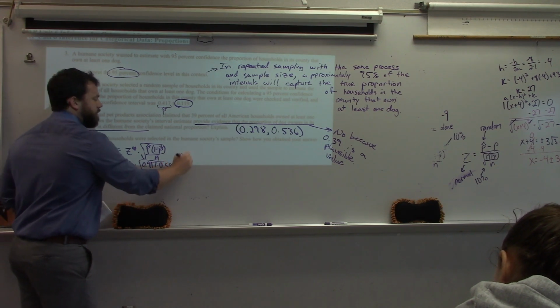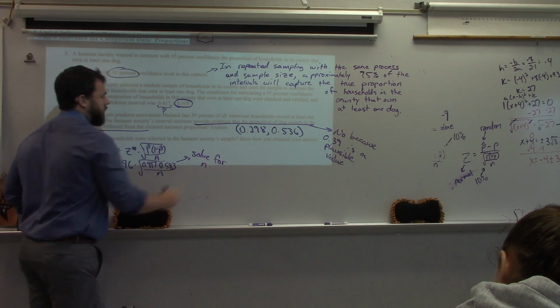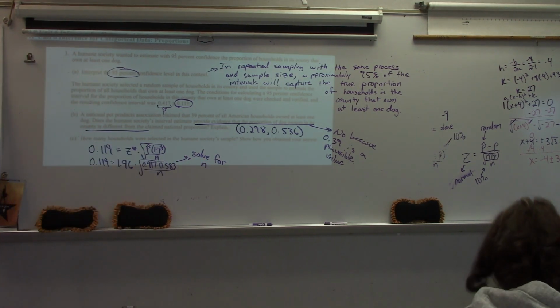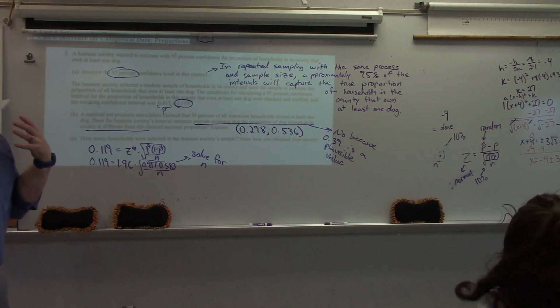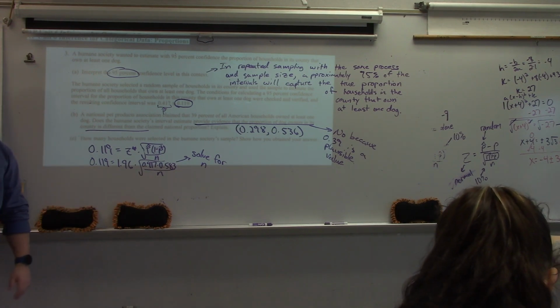And now solve. So you are 100% correct if you were saying, hey, we want to limit my margin of error, but if I have a confidence interval, I have p hat, I solve for n.